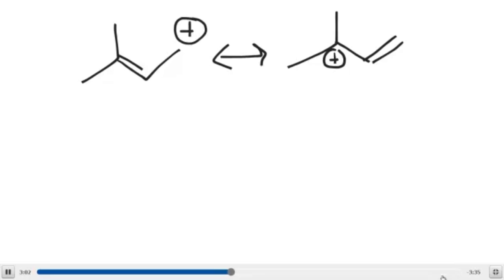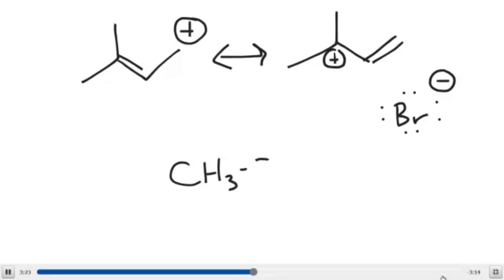It has resonance delocalization. And so whenever you have more resonance, you've got more stability, and that's more likely to happen. Now bromide is still hanging around. It's a spectator, and it's going to just hang out with that sodium that was paired up with our nucleophile. They're just spectators.